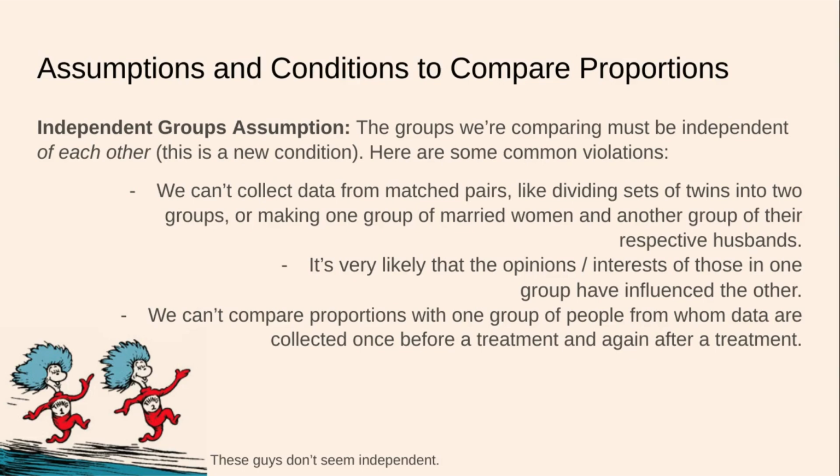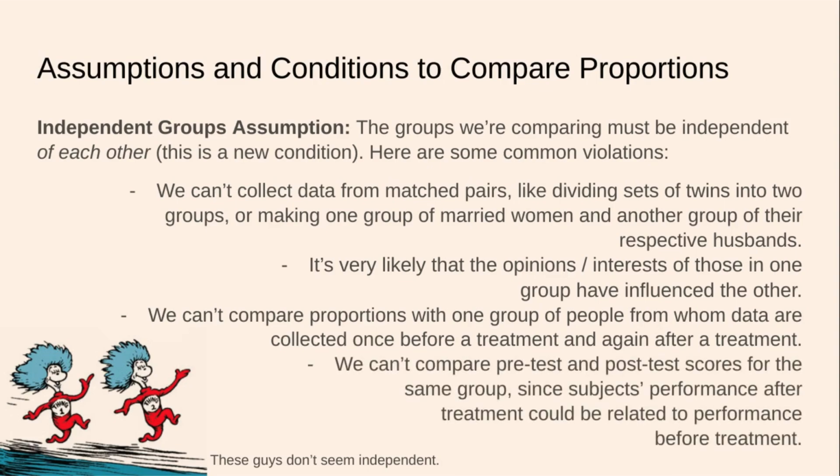We cannot do what we are studying in Chapter 21 if that is the case. Here's why. We cannot compare pre- and post-test scores for the same group since subjects' performance after treatment could be related to their performance before treatment. All right, so we can't conclude that the treatment is what caused the difference because their performance pre-treatment could influence their performance after the treatment.